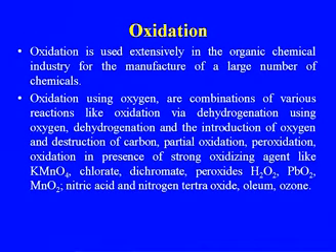Oxidation using oxygen or a combination of various reactions, like oxidation via dehydrogenation using oxygen, dehydrogenation and introduction of oxygen, destruction of carbon, partial oxidation, peroxidation, and oxidation in the presence of a strong oxidizing agent like chlorate, dichromate, peroxide, hydrogen peroxide. These are some of the additional agents that may be there during oxidation.